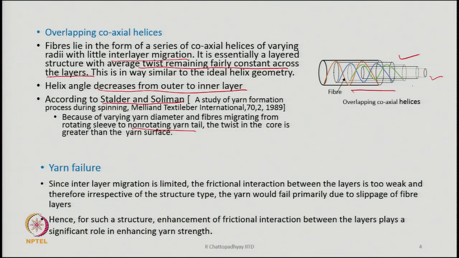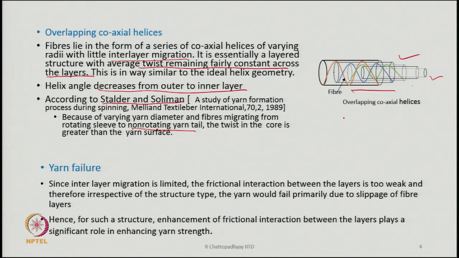And from the rotating sleeve, fibers are actually transferred to the non-rotating yarn tail, and hence the yarn tail is not uniform from the delivery end to the opposite end.